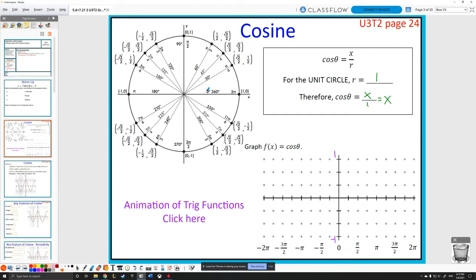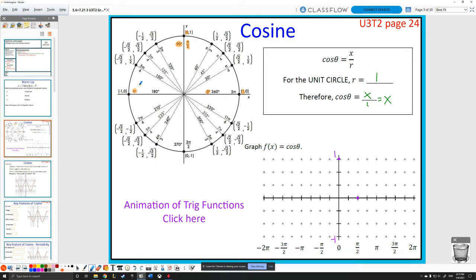As we start at 0 degrees or 0 radians, my x value is 1. So right off the bat we're already extremely different, because for sine we started at 0, but here we're starting at 1. At pi over 2 or 90 degrees, we go to 0, so I'm going to draw in my 0 value.